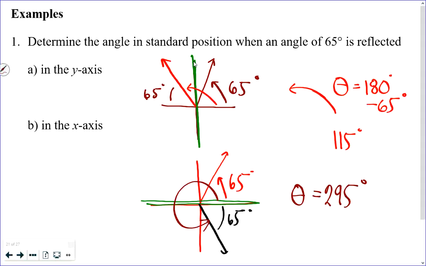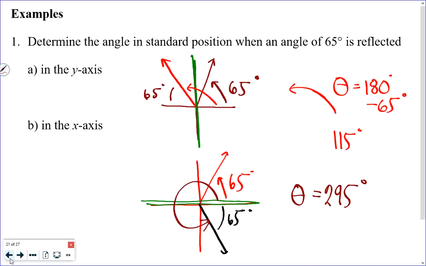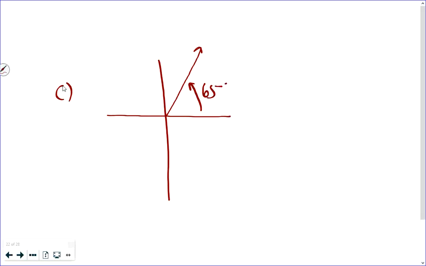And now we get into the problems related to what we've just spent time on. Oh, there's one more, isn't there? Reflected in both axes. You do have a part C, don't you? Okay. So if I reflect it in both axes, it's here. When I reflect it in the x-axis, it goes here. When I reflect that in the y-axis, it goes here.